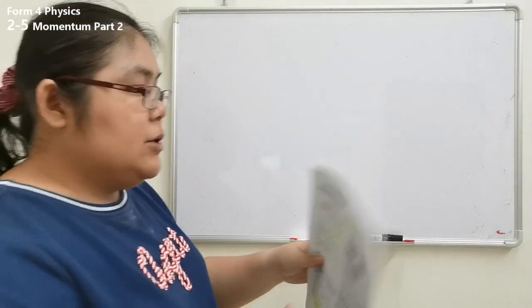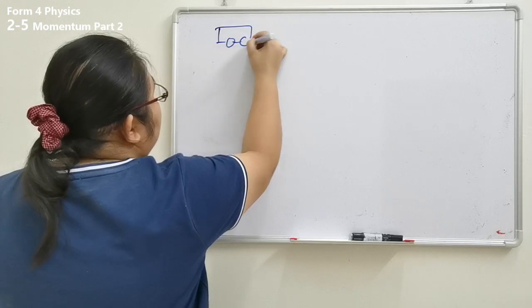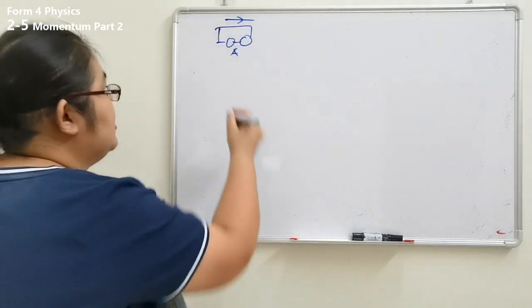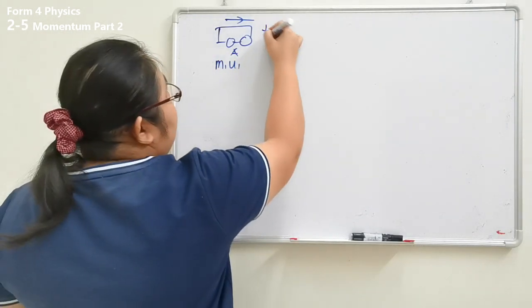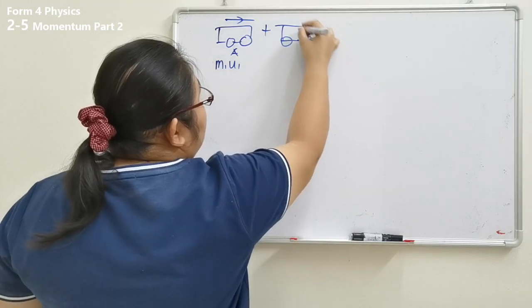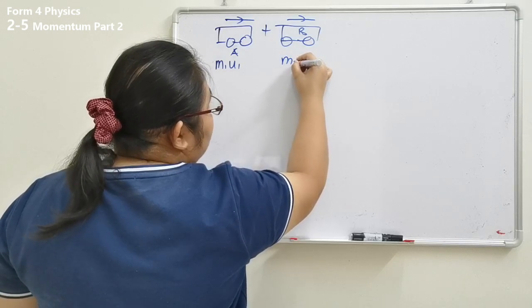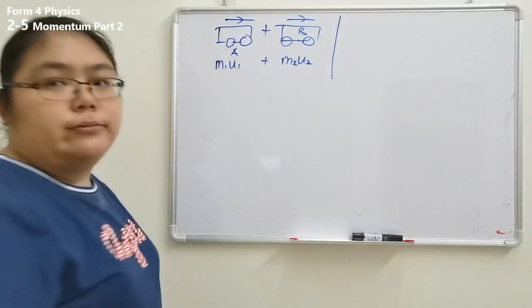So from here I can show the diagram. Trolley A first is moving, so still M1, U1, plus another trolley B also moving, M2, U2. This is before collision.